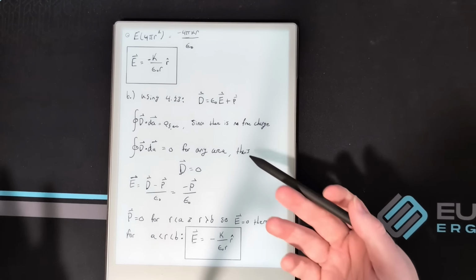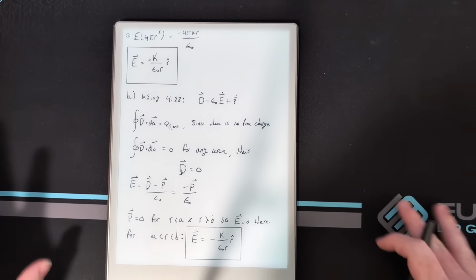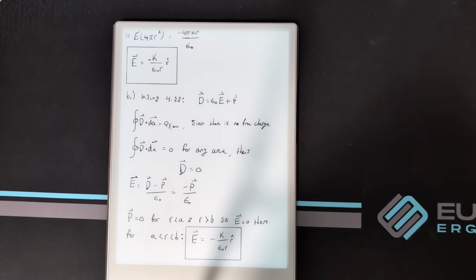As you can see, that gave us the answer much more quickly than using Gauss's law, which is the whole point of this example: to show that you can derive the field in these two different ways. You could just use Gauss's law for the electric field directly, and that will give you the answer.